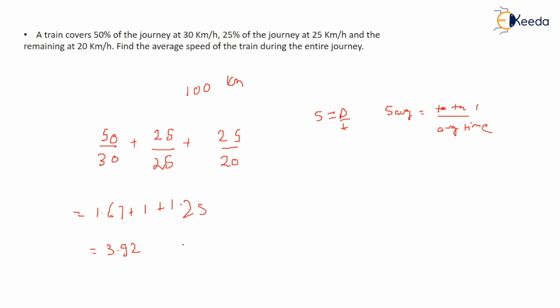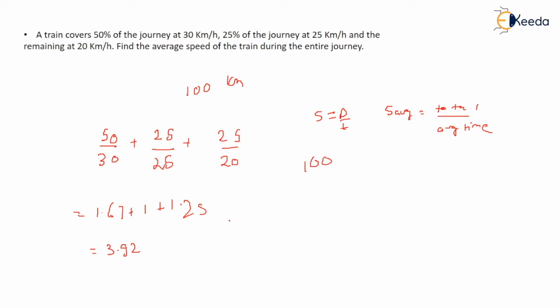So you have to convert this 3.92 into actual hours and minutes. You have to cover 100 kilometers, and you have to find the time required. So you get the time as 3 hours and 0.92. Now 0.92 you have to convert into minutes.